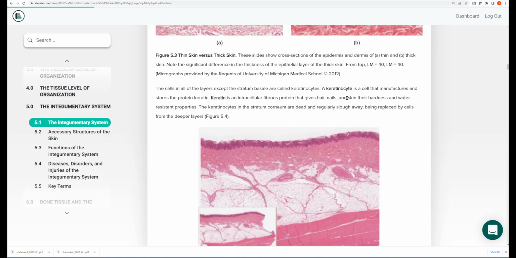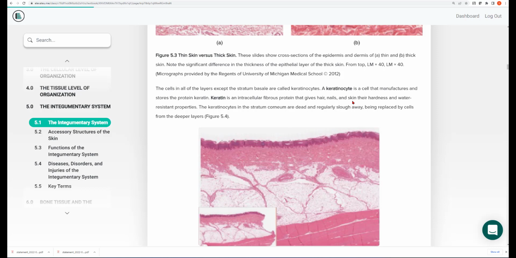Keratin is a very fibrous protein. It's kind of collagen-like, but what it does is it gives your hair, your nails, and your skin their toughness, their hardness, and their water-resistant properties. So you are waterproof largely because of the keratin that is produced by these epithelial cells.